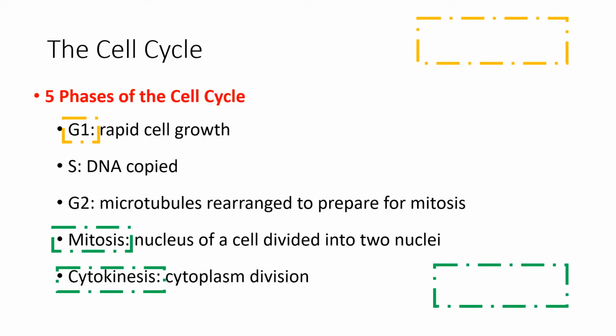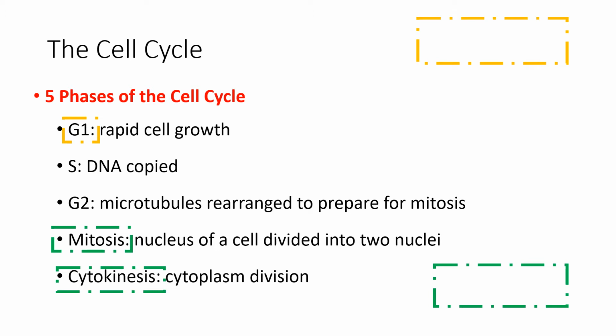So we're going to start this last section with the 5 phases of the cell cycle. They are the G1 phase, S, G2, mitosis, and something called cytokinesis. So G1 phase refers to rapid cell growth. The S phase is when DNA is copied, or synthesis.